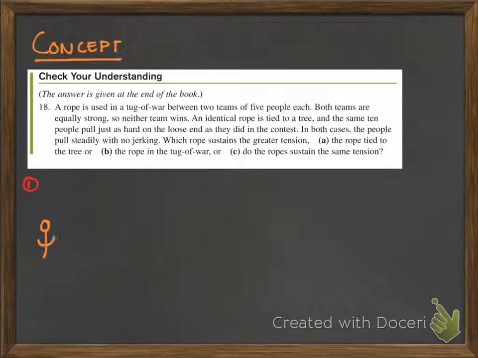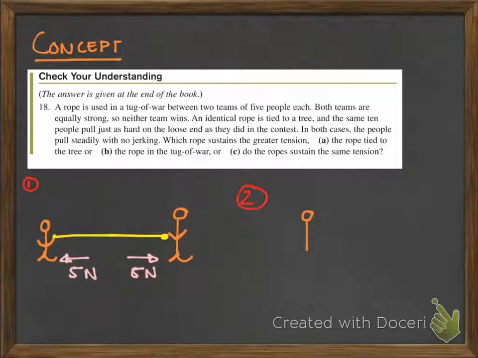So in the first situation, we have people pulling on both sides, so I just drew 2 people, each pulling with 5 newtons. And in the second situation, we have the same amount of people pulling with the same amount of force, but together to one side. So which one has a greater tension?